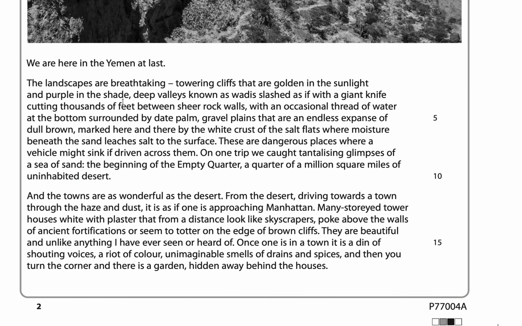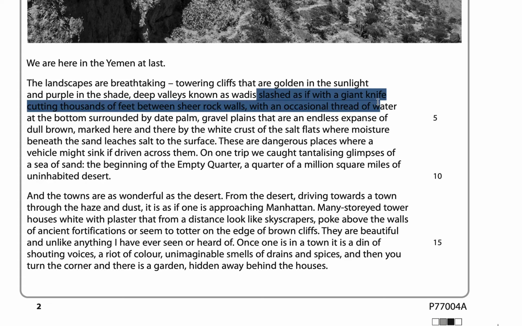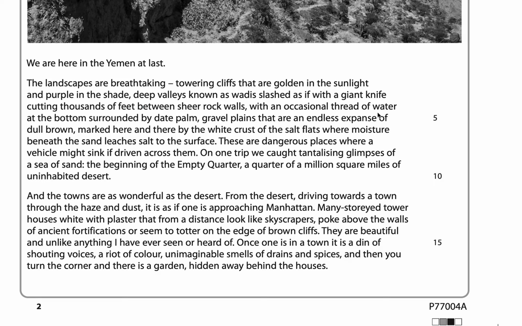One of the things he said in the very first paragraph, do you notice? It said that the deep valleys were slashed as if with a giant knife, between sheer rocks with an occasional thread of water. If you have rocks being sliced through the middle, it's going to fall, and that's a dangerous thing to happen. You wouldn't want that to happen in the desert.